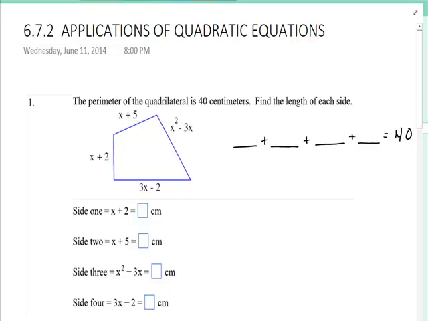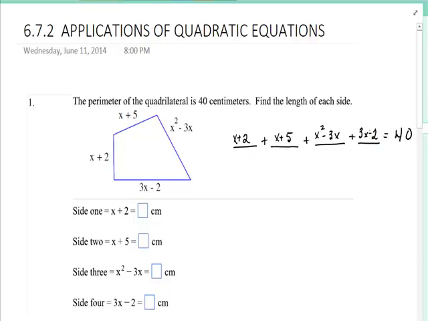What are my sides? Start anywhere you want, it doesn't matter. x plus 2, x plus 5, x squared minus 3x, and 3x minus 2. Those are your four sides, and their lengths have to add up to be 40.